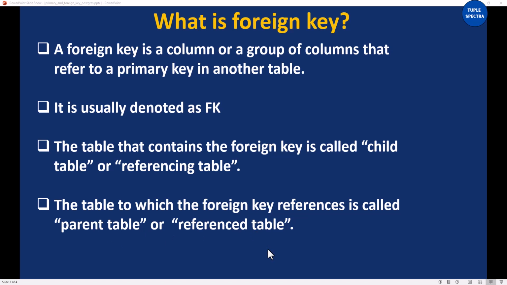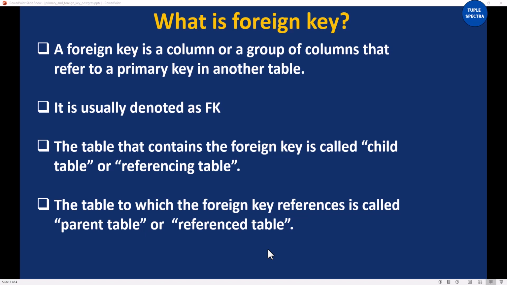We are talking about parent table and child table, right? The parent table is the one that has the primary key, and the child table is the one that has the foreign key. And take note, the child table has the foreign key. That foreign key is referencing the primary key in the parent table.